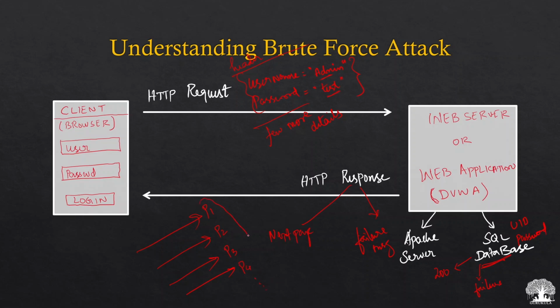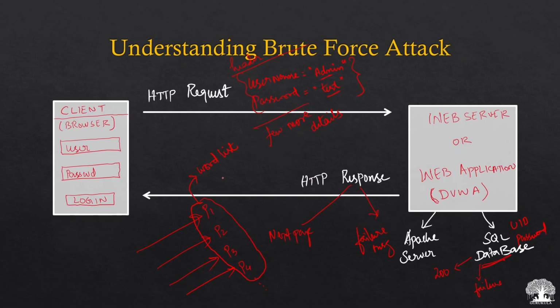So this set of passwords should be available with us, and this is what we technically call a word list. Kali Linux comes with some default word lists, and for our demonstration we will be using the same word list which comes with Kali Linux. In most real-time situations, we will have to create our own word list, which is very huge because we are going to try several passwords.